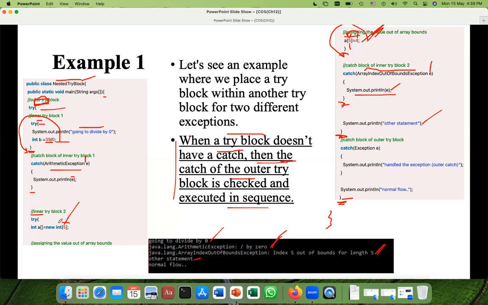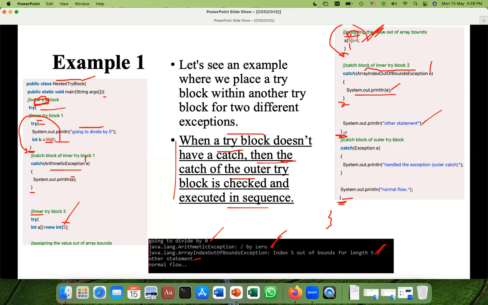But we don't have any exception left yet. We had exceptions in that outer try block, but all exceptions were handled inside it. The exception in the second try block was handled in this catch block, and the exception in that try block was handled with ArrayIndexOutOfBounds.